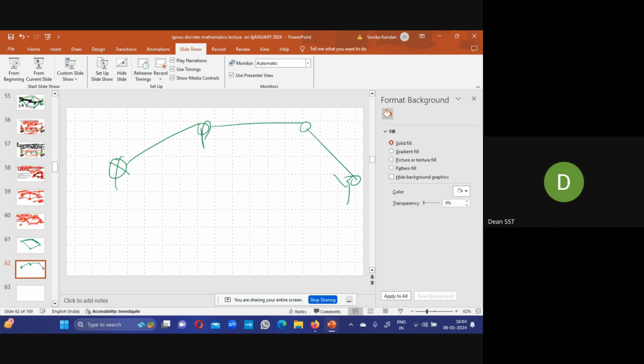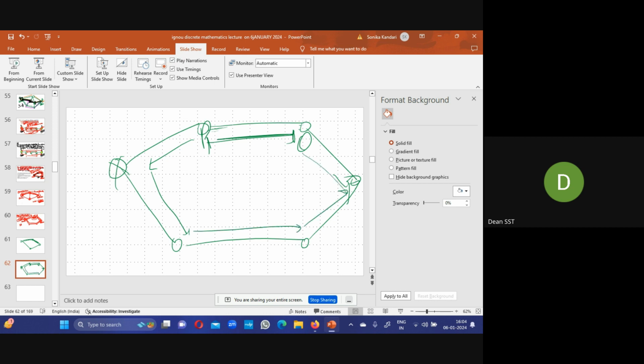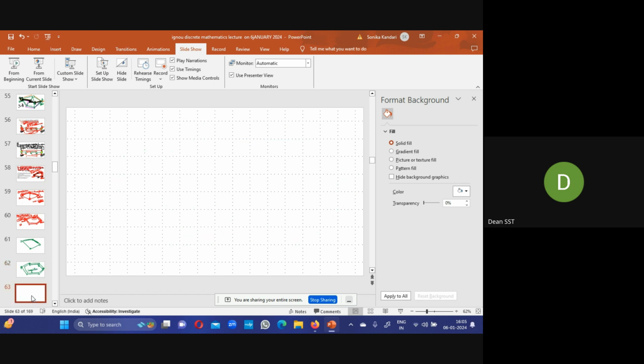This does not state that this is going to be the longest path between p and q. No, it may happen that the longest path between p and q is this. So this is what the longest path problem is. Fine.